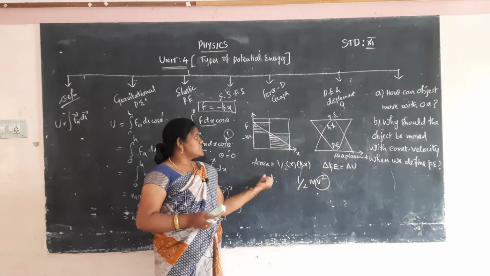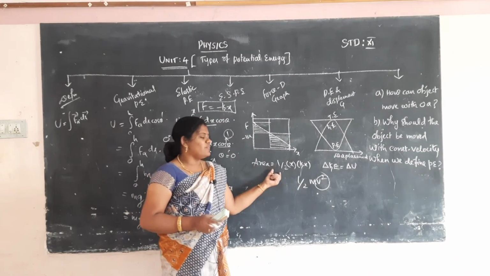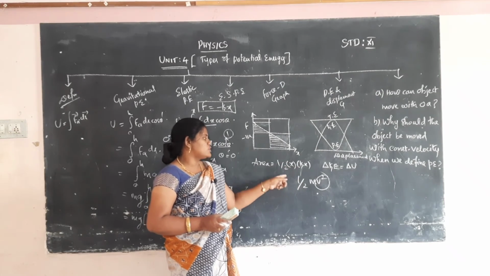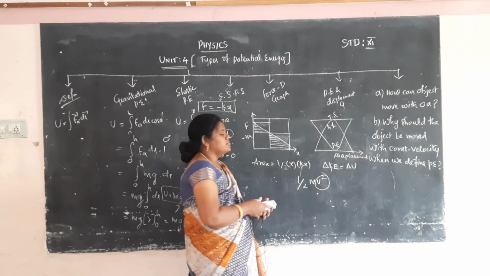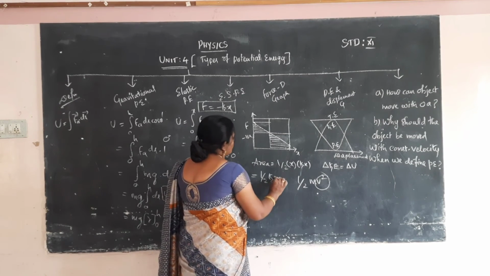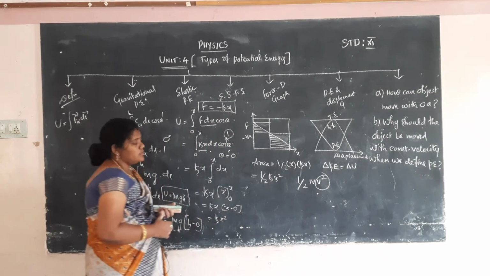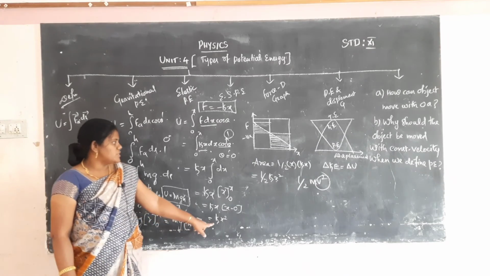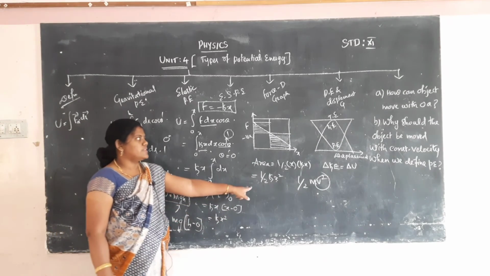The area of the triangle is half into base into height. The base is x and the height is kx, so half into kx square. That is the formula for elastic potential energy, half kx square.